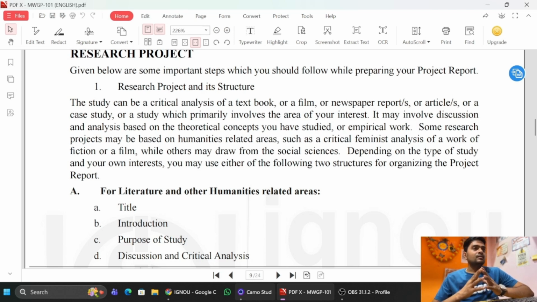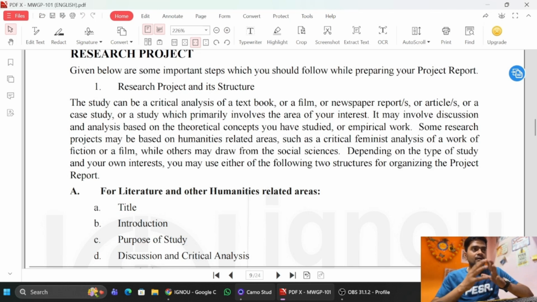It may involve discussion and analysis based on the theoretical concepts you have studied or empirical work. Some research projects may be based on humanities related areas such as critical or feminist analysis of a work of fiction or of a film, while others may draw from the social sciences, depending on the type of the study and your own interest. You may use either of the following two structures for organizing the project work.